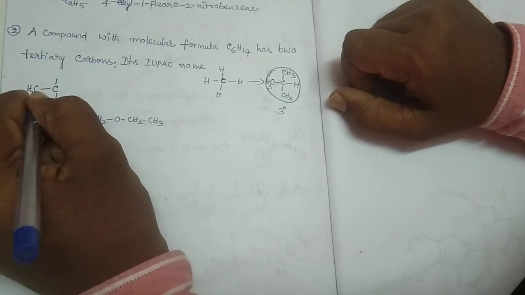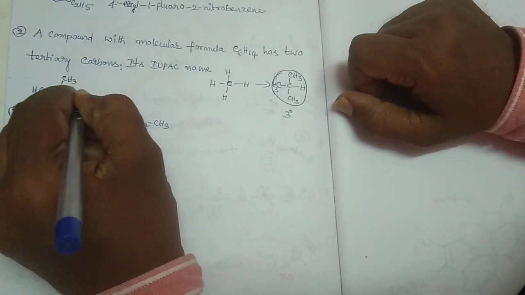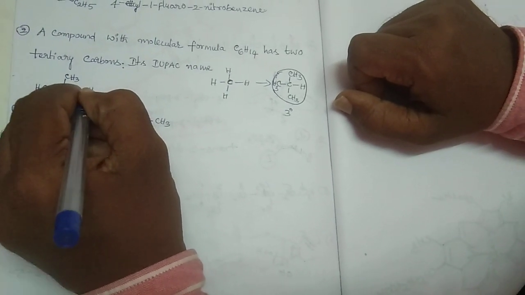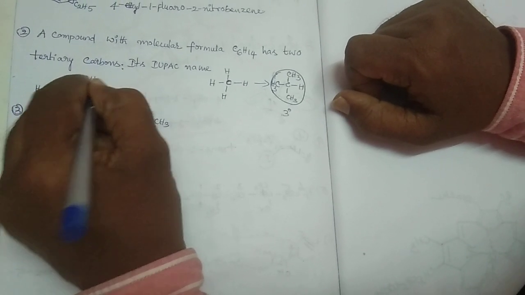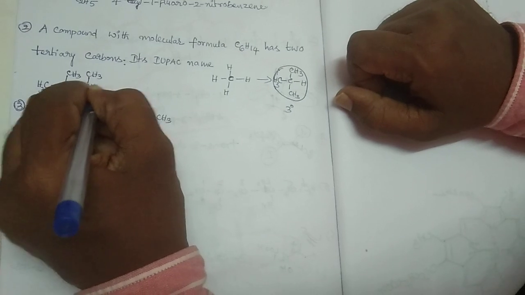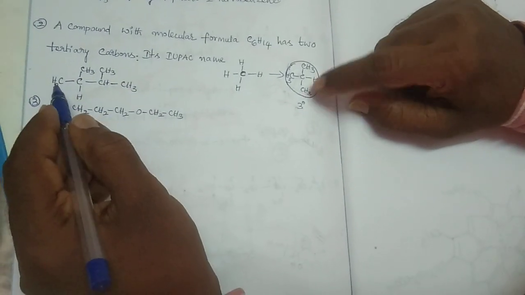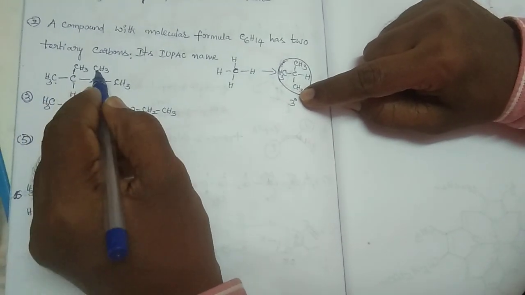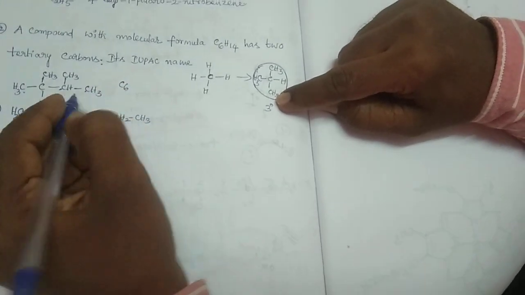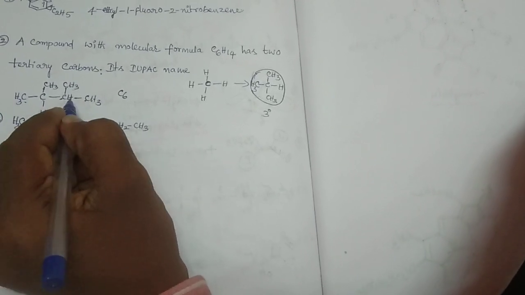So CH3, and here. Now you can see the total number of carbon atoms, 1 2 3 4 5 6 carbon atoms are there, C6, and 3 hydrogens, and here 3 6 9 12 13 14.